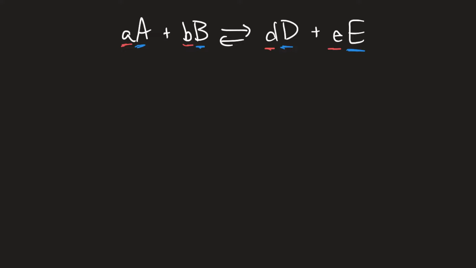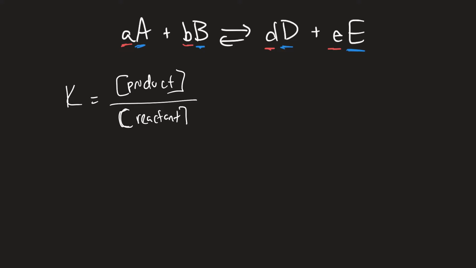As we said earlier, K, the equilibrium constant, is the concentration of your products over the concentration of your reactants. Now I can take this chemical equation and apply it to the equilibrium equation. This is how we do this.